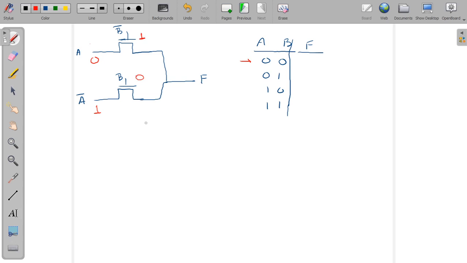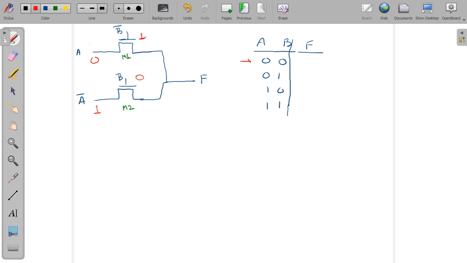Now in this case, let me name the transistors. This is, let's say, MOSFET 1, M1. This is MOSFET 2, M2. So in this case, which one will be on, M1 or M2?